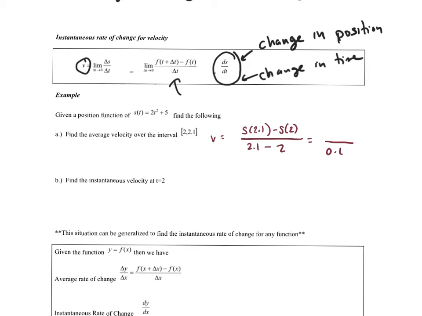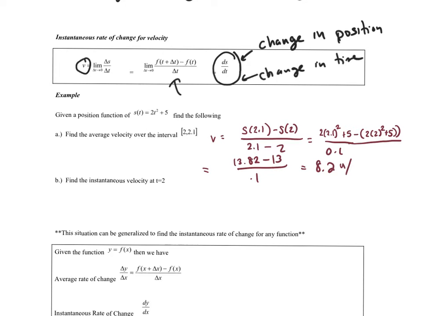The top I'll have to figure out, so that's 2 times 2.1 squared plus 5 minus 2 times 2 squared plus 5. And so we'll have to calculate that numerator. If I calculate this, this gives me 13.82 minus 13 over 0.1, which should give me 8.2.